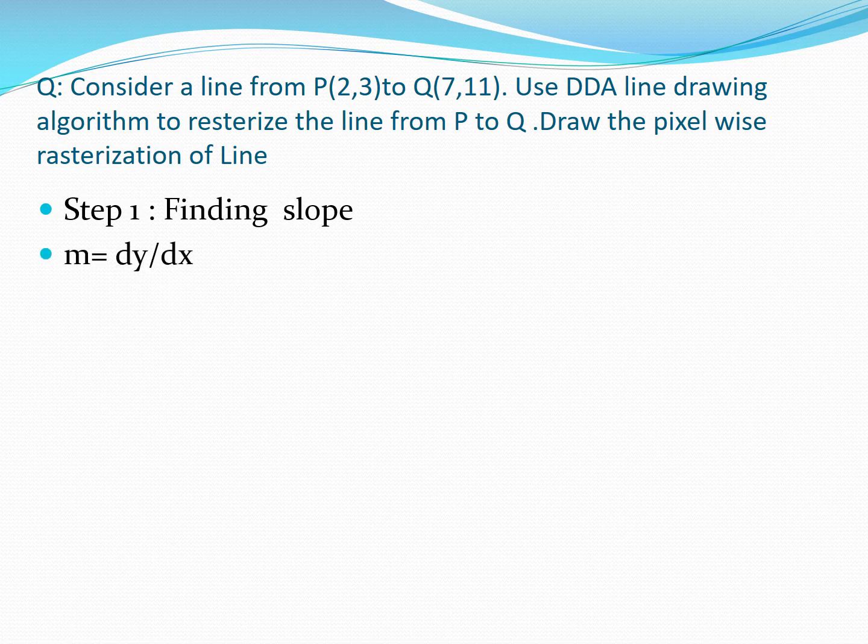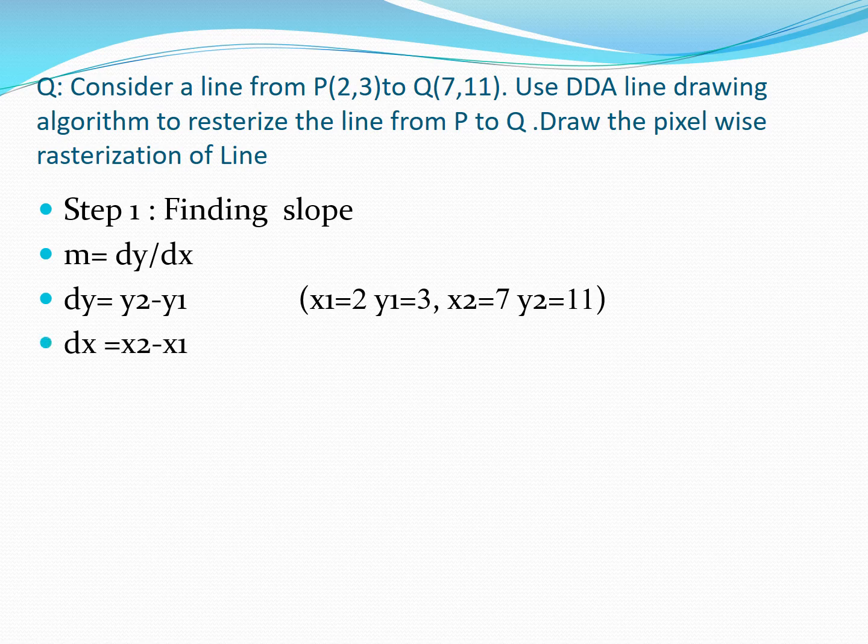That is m equals dy divided by dx. What are dy and dx? dy is the difference y2 minus y1, also called delta y. dx is the difference between the final pixel x value and the initial pixel x value, that is x2 minus x1. So given x1 is 2, y1 is 3, x2 is 7, y2 is 11. That is, P is 2 comma 3 and Q is 7 comma 11, right?